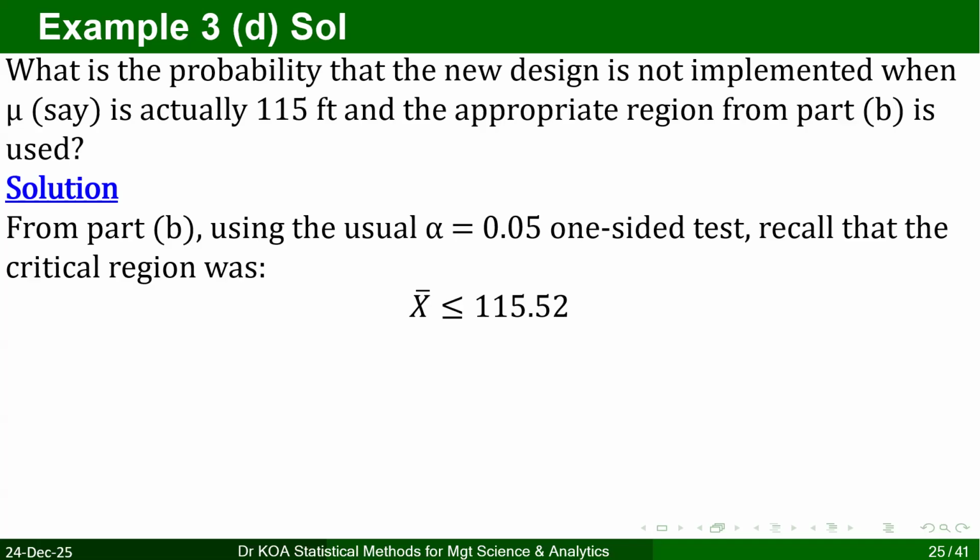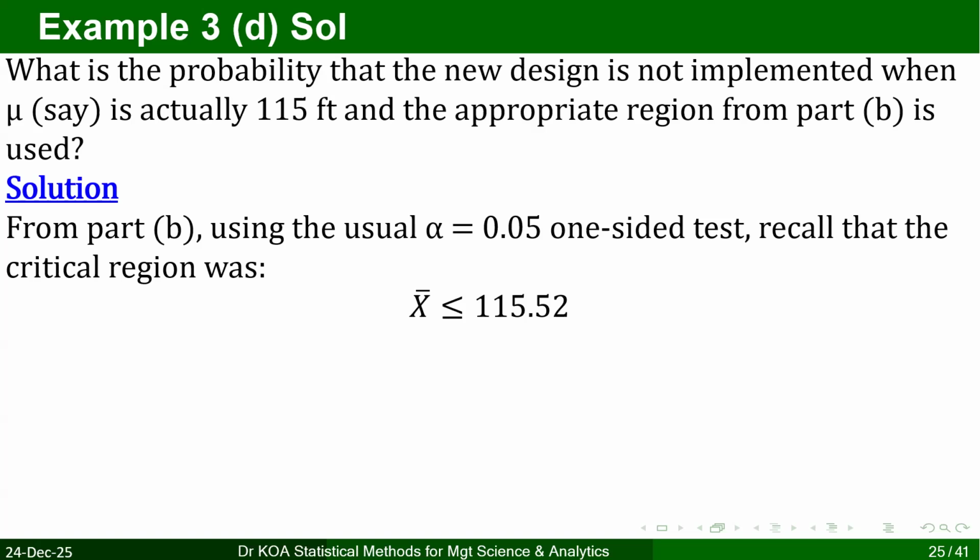What is the probability that the new design is not implemented? If it is not implemented, what does it mean? When you say it's actually 115, instead of the 115.52, it says 115. And then this appropriate region is used. The words "not implemented" mean that we are looking for the probability of not rejecting a false null hypothesis.